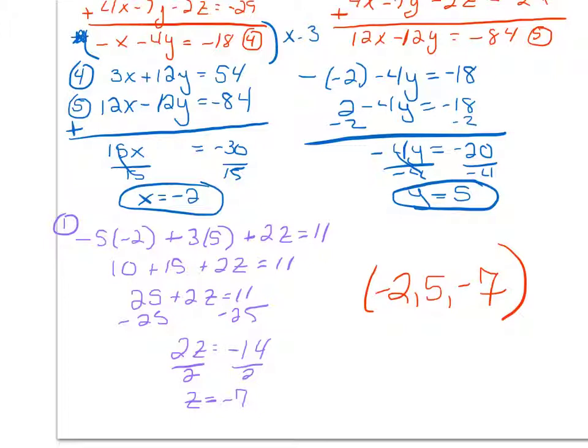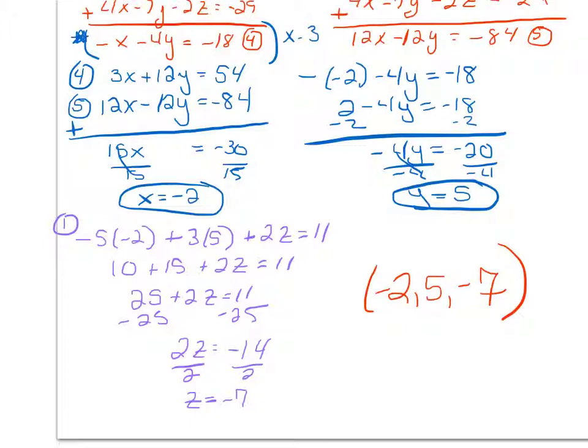I'm just doing a quick summary. Substitution, just like with 2 dimensions, is easiest with 3 dimensions if you can get one of the variables by itself so you can plug it into your 2 other equations. Elimination is easiest with 3 dimensions as it is in 2 dimensions if you can get one of your variables very easily to eliminate, because you either already have opposites or it's very easy to get opposites.